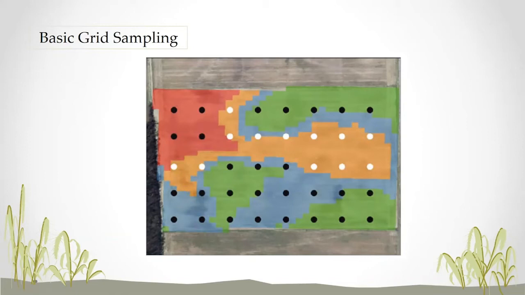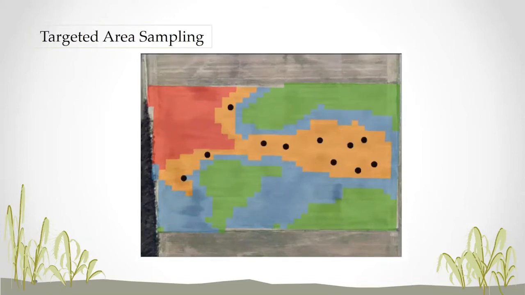And so if I'm saying that a grid sample in this particular case and compositing that gives me a good physical average, I'd be wrong in the sense that I've artificially weighted the effect of that particular anomalous area into the overall result. It's weighted 30% in the overall sample, when it really is only representative of 20% of the field. And so stratified sampling or targeted area sampling then would be the recommended pattern in something like that. So I don't artificially weight the impact of that anomalous area on the result.